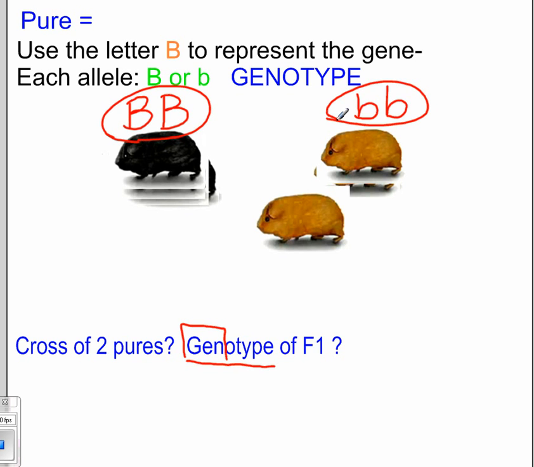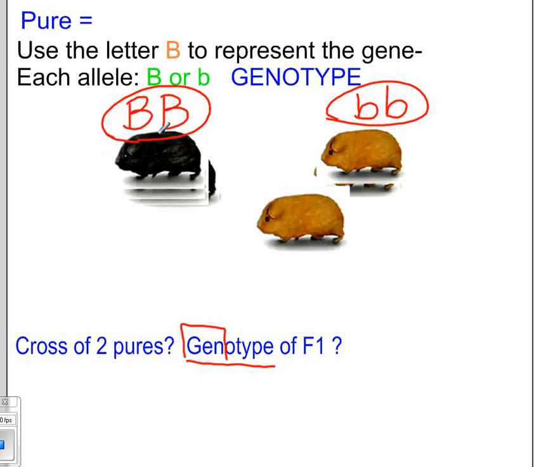So write the word down, genotype. And we are using letters to represent genotypes. So the alleles for black, alleles for brown.